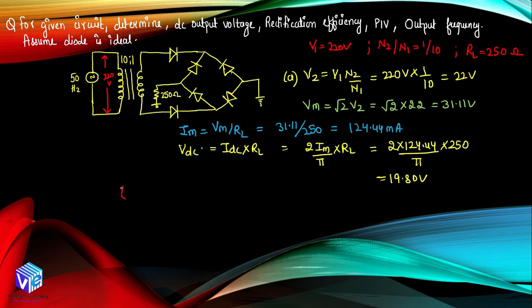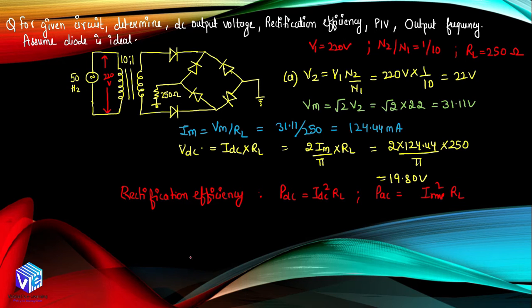Right, so now we have to find out the rectification efficiency. For that we need to find out the DC power output and the AC input power. PDC is equal to IDC square into RL. PAC is equal to IRMS square into RL.